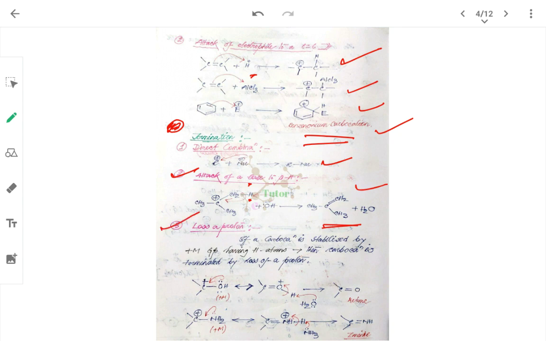Loss of a proton: if a carbocation is stabilized by a plus M group having H atoms, then the carbocation is terminated by loss of a proton. The carbocation is attacked by a plus M group and forms a ketone, and this plus M group forms an imine group.